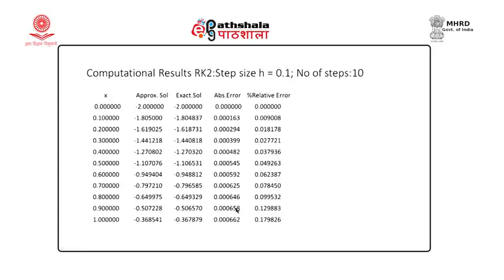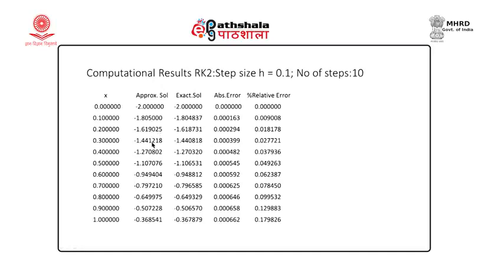If you look at the previous slide, the percent relative error is increasing as we go further, and the absolute error is also increasing, for a simple reason. When you are calculating y1 from y0, it is erroneous, not exact. This is used to calculate y2, and y3 is calculated using y2.